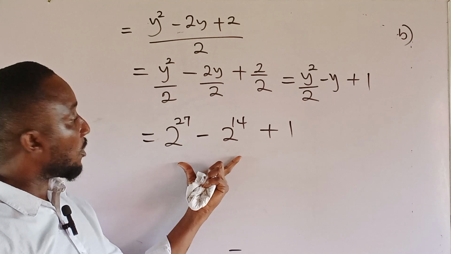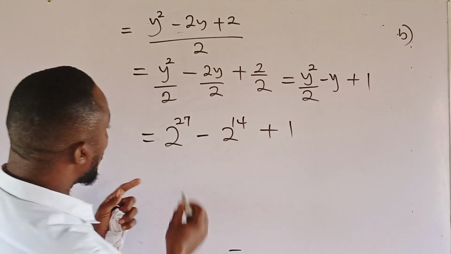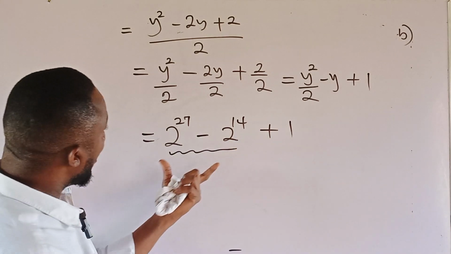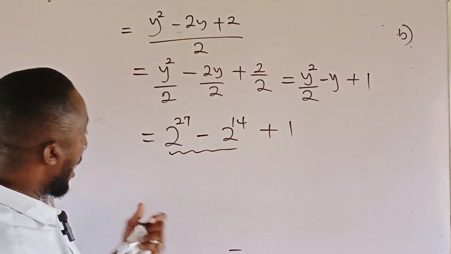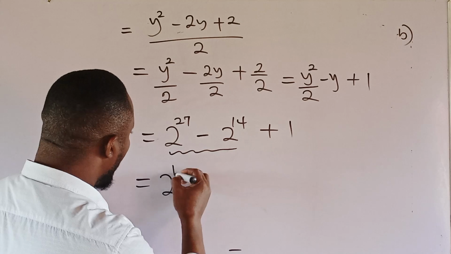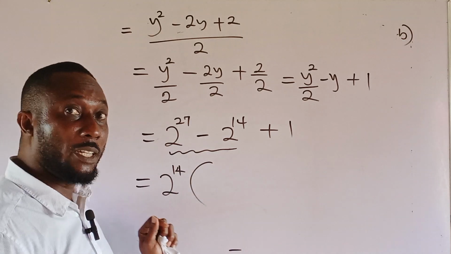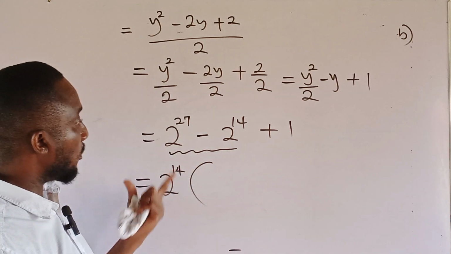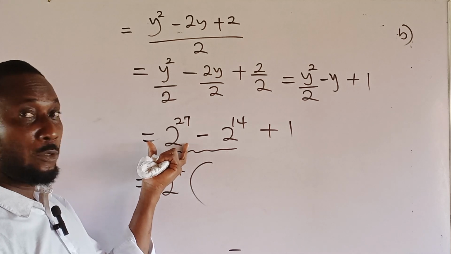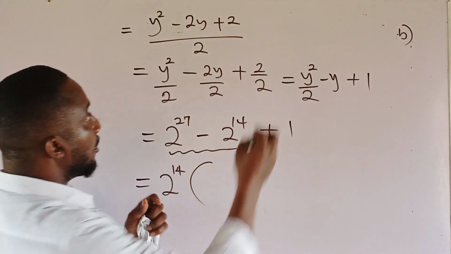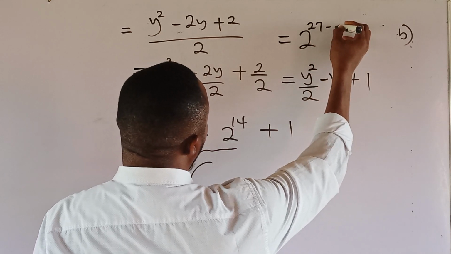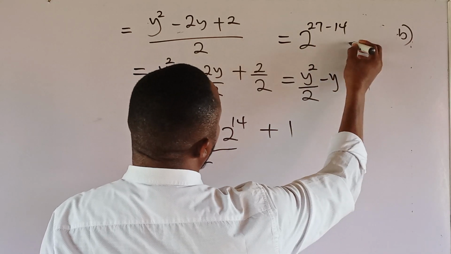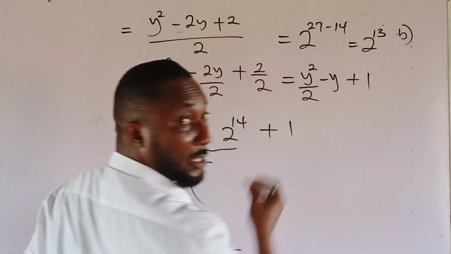So I can actually factorize this. If I factor 2 to the power of 14 out, we are going to have 2 to the power of 14. If I then use 2 to the power of 14 to divide into 2 to the power of 27, using the division rule, that becomes 2 to the power of 27 minus 14, which is 2 to the power of 13.